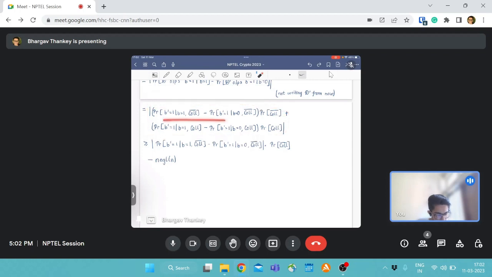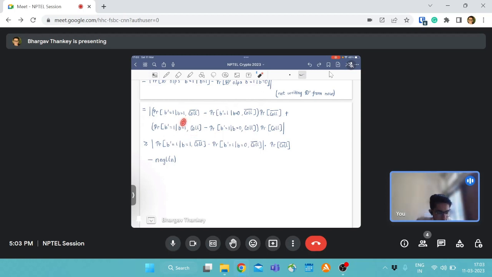Well, if this is positive, the smallest possible value happens when this is as small as possible, right? We know that this is negligible. So the smallest possible value of this entire quantity is when this quantity becomes the smallest possible, which is obtained when this is as small as possible and this is as large as possible.